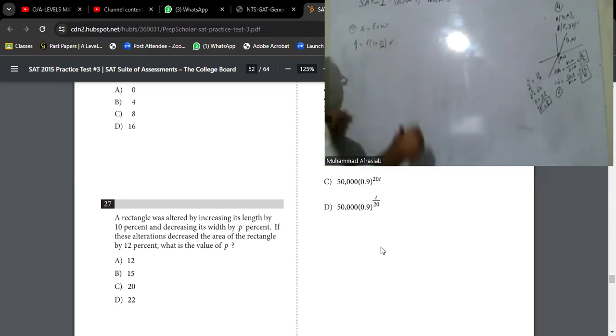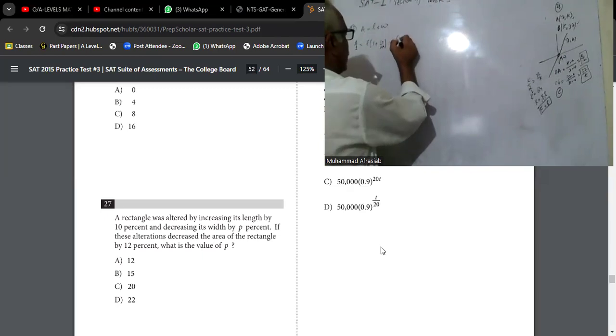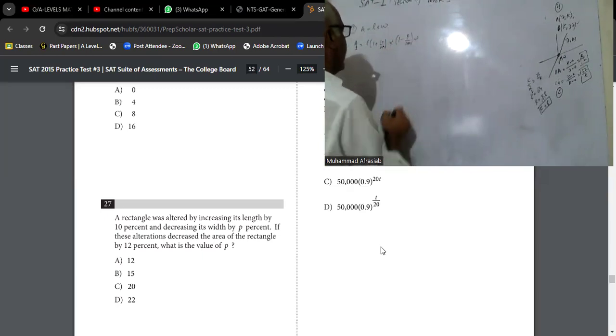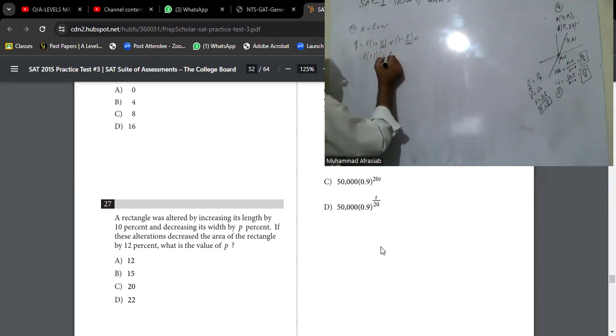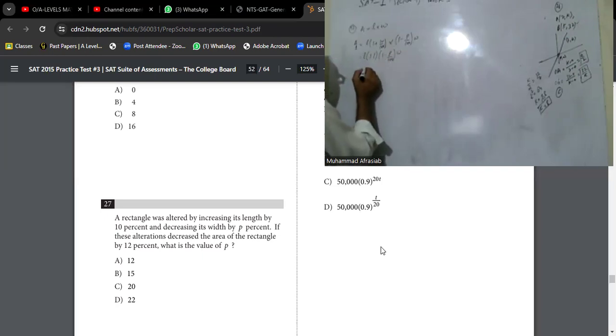And the width is decreased by p%, so it should be 1 minus p over 100 into the width. So the new area is length into 1.1 and 1 minus p over 100 into width, which is equal to 1.1 into 1 minus p over 100 into length into width.